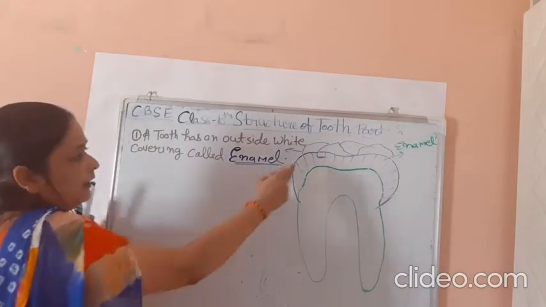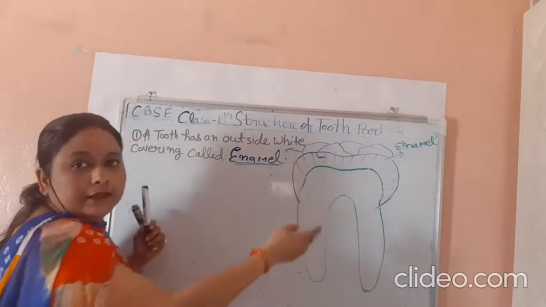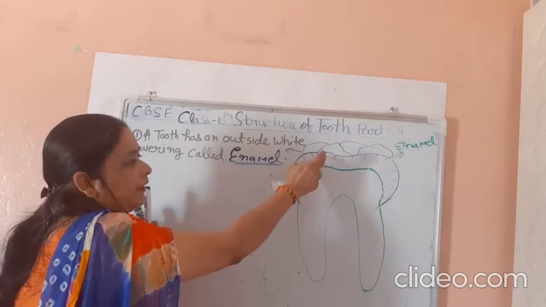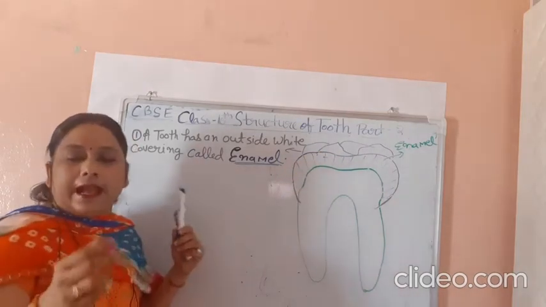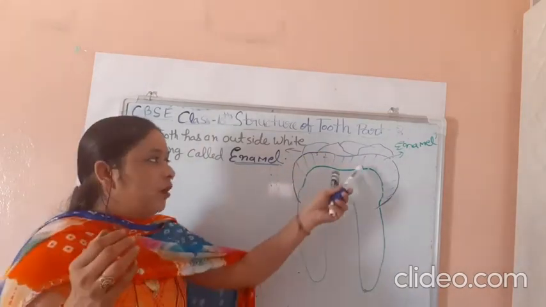So the next point: the enamel, you can see on your diagram, is the white covering outside. A tooth has a white covering outside called enamel.